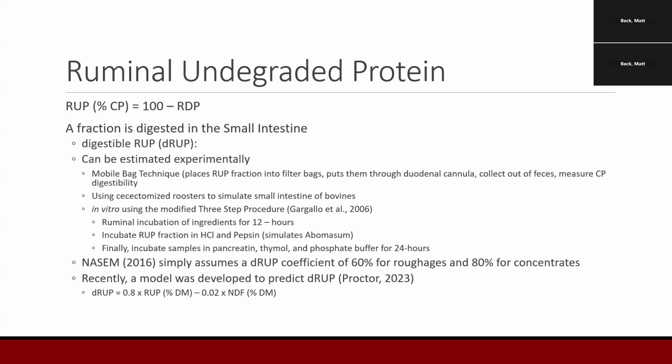A huge range based off the type of ingredient, which these assumed fixed coefficients aren't capturing in the current model. Okay. So we also found that we could predict digestible RUP as 0.8 times RUP minus 0.02 times NDF content. Maybe that'll get adopted in the new NASEM. I don't know.